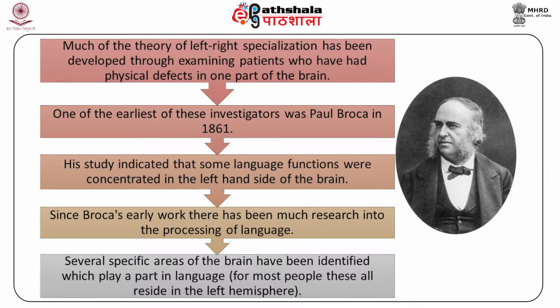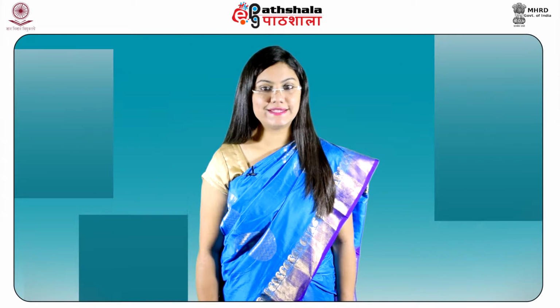Several specific areas of the brain have been identified which play a part in language. For most people, these all reside in the left hemisphere. Early researchers on cerebral lateralization compared the effects of left hemisphere and right hemisphere lesions. Now, there are other techniques like the sodium amytal test, the dichotic listening test, and functional brain imaging.